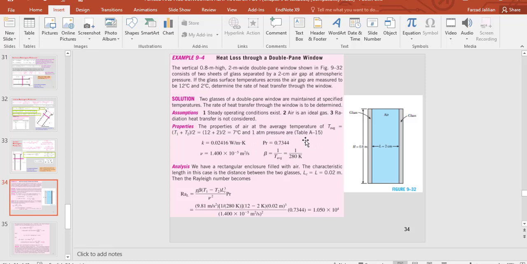Then we can go to table A15 to find its thermal conductivity, its kinematic viscosity, its Prandtl number, and also the volumetric expansion coefficient, which, if you remember, is equal to 1 divided by T, T average of the air, and it should be in terms of Kelvin.